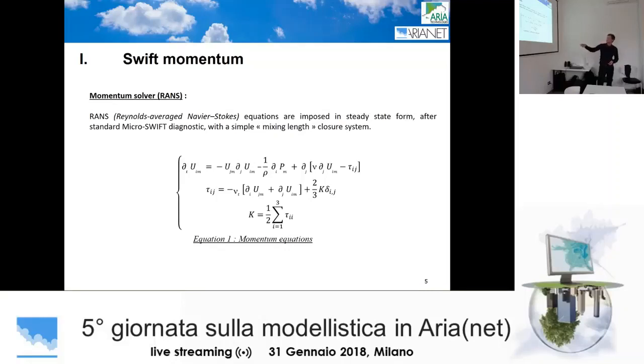So I put here the Navier-Stokes equations in RANS formulation, and basically the solution of Swift is the solution of the system where the time derivative is equal to 0.